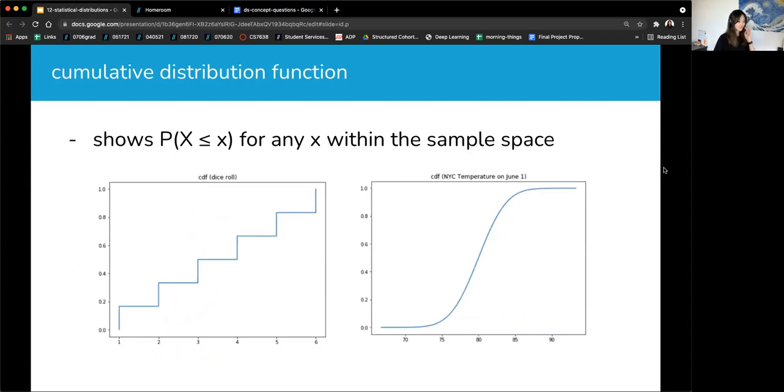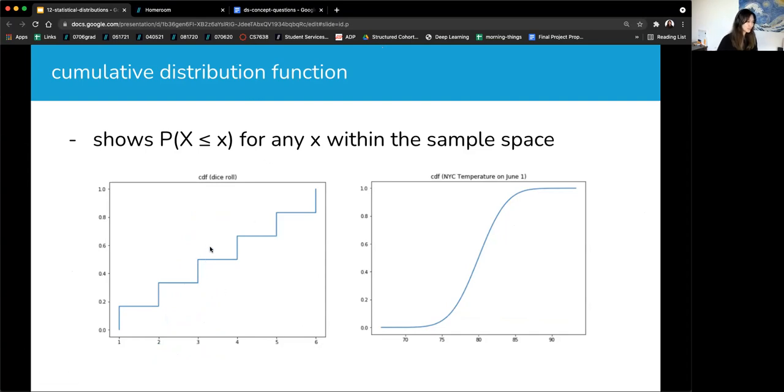All right. So next up, something to add on to the probability density function, we have the cumulative distribution function. This one's a little bit less common, but the cumulative distribution function can be for both discrete or continuous variables. What it does is it looks at probabilities in a cumulative way.